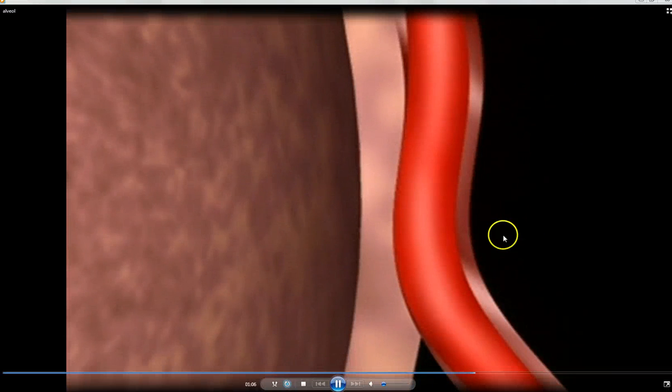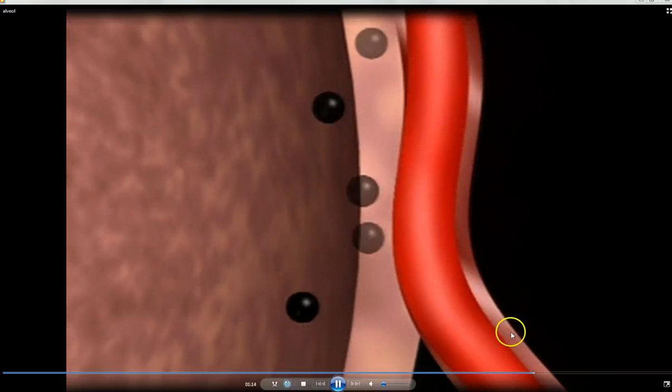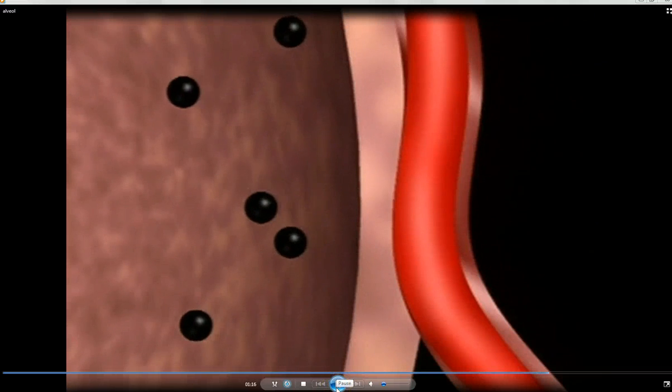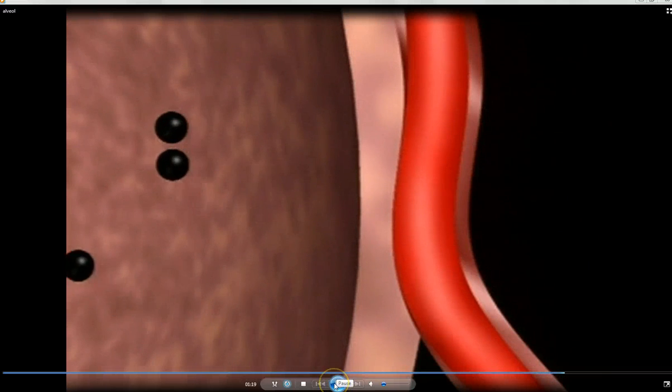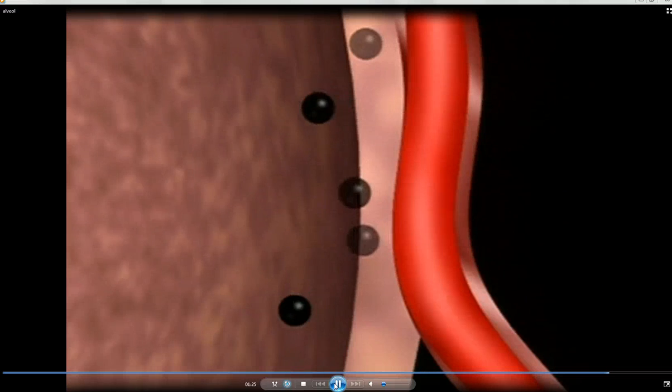At the same time, carbon dioxide, which is a waste product of cellular metabolism, will be transported by the bloodstream, and when it gets to the alveoli, it will be able to diffuse back into the air. So gas exchange occurring in the alveoli, the interface between the air and the bloodstream.